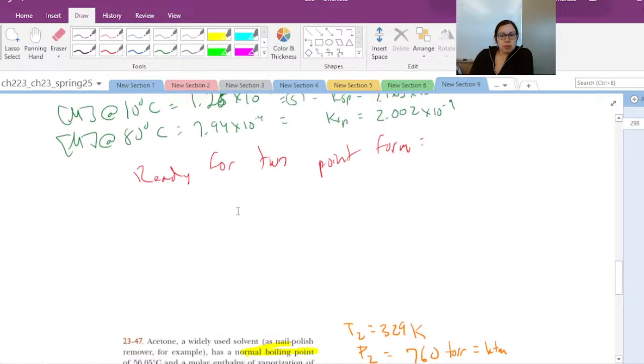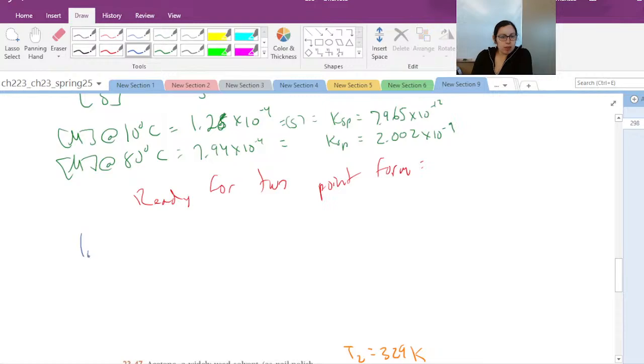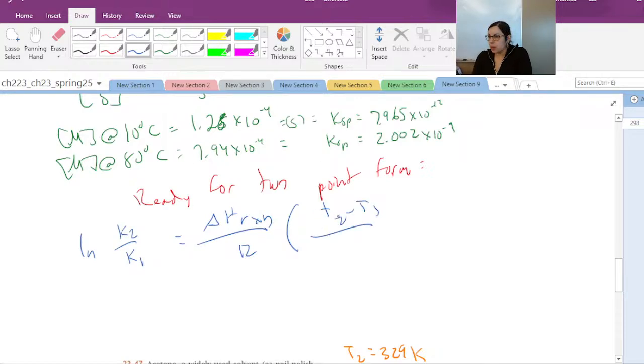All right, so time to plug it in. So I'll just write the formula first. So we're trying to solve for our change in enthalpy of our reaction over R, so just watch those units. And then T2 minus T1. So I'll, again, set T2 to the higher one. Doesn't really matter, just as long as you keep T2 with K2.